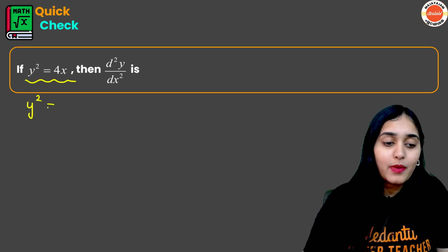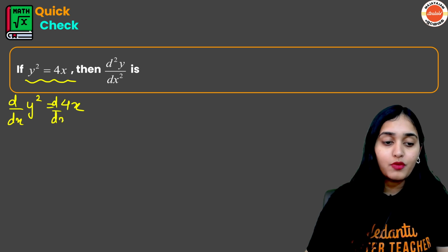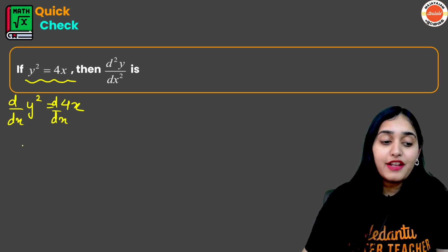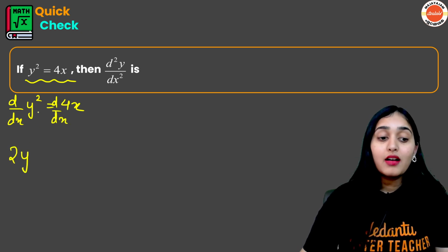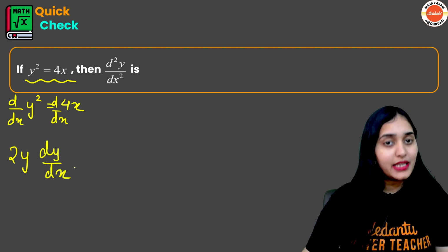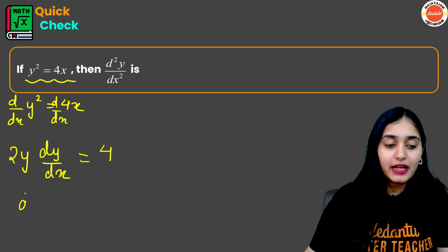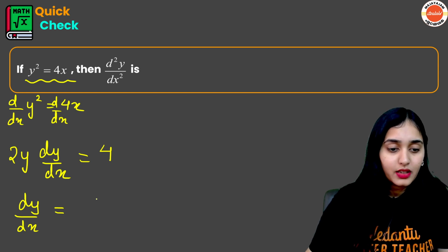Now differentiate d by dx. What do you get? y square differentiation is 2y, but y differentiation is dy by dx. So it will be there. Now 4x differentiation is 4. So you get dy by dx is equal to 4 upon 2y.